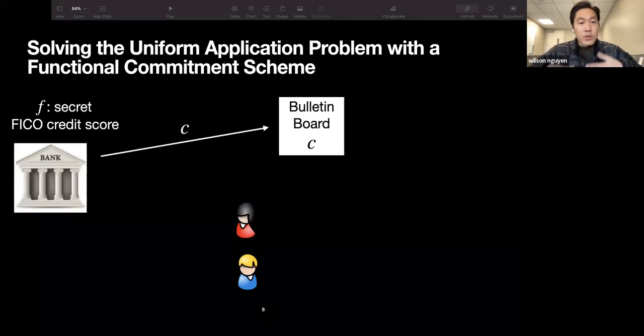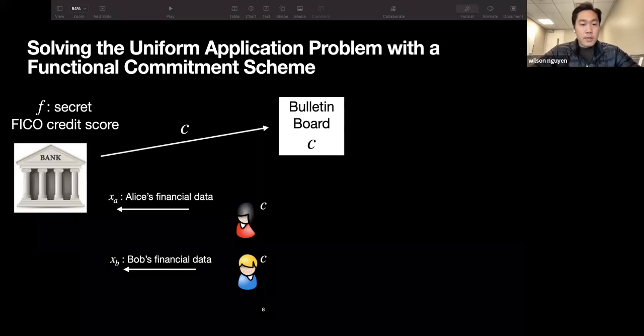So the bank produces a commitment to their credit scoring algorithm and posts this commitment to the bulletin board. Alice and Bob are able to read this commitment from the bulletin board and keep it in their memory or their local storage.